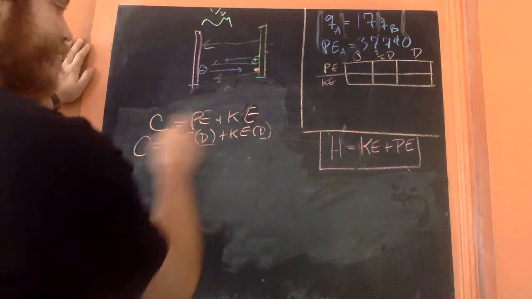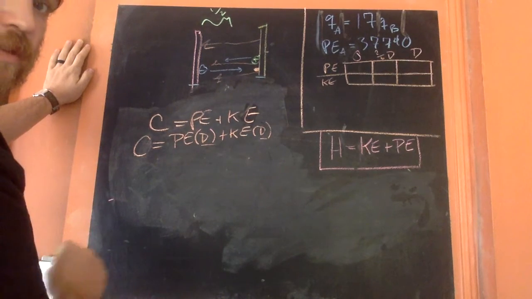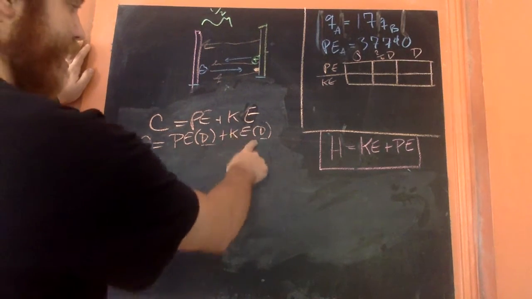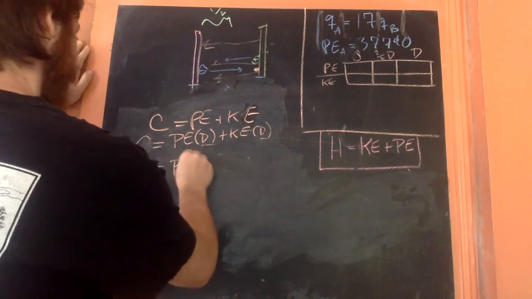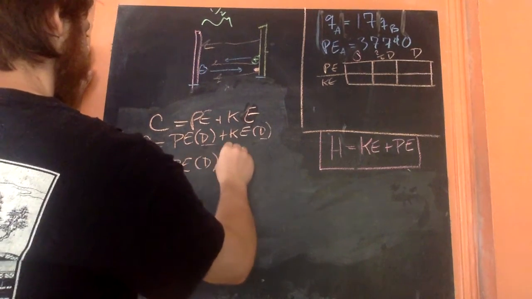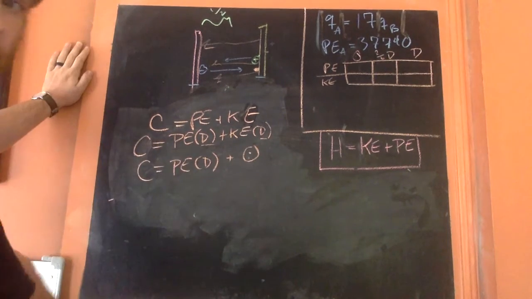So then at distance d, where the kinetic energy is 0, so at time 0, we have c is equal to PE of d plus 0, because it's not moving when we start.